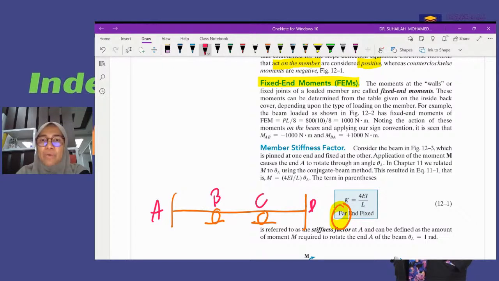So for each member, we have to apply the far end fixed K formula.